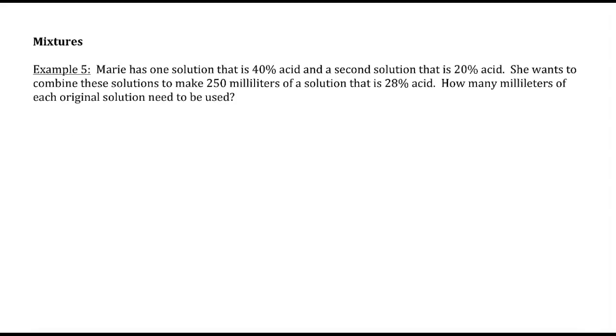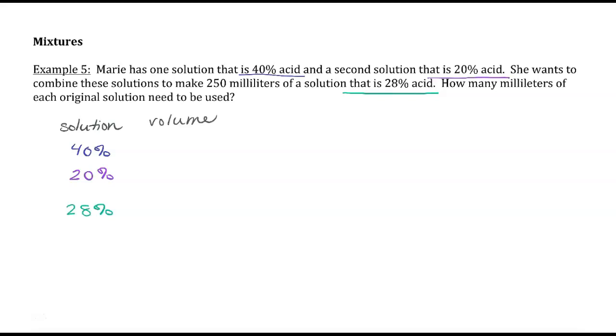First, let's list each solution that's involved here. The first solution is 40% acid. The second solution is 20% acid. And she wants a solution that's 28% acid. The real question is how much volume she needs of each solution. So let's make volume our second column.